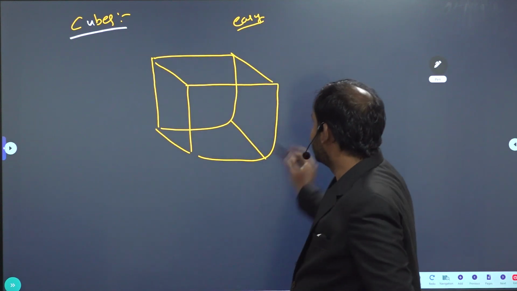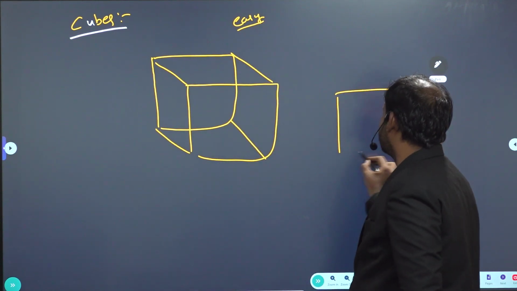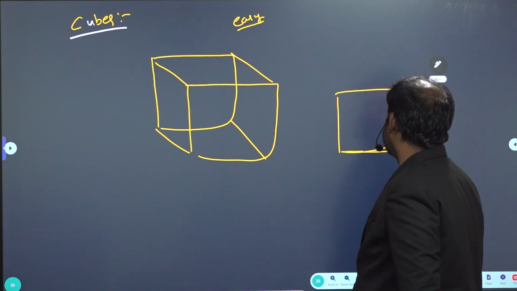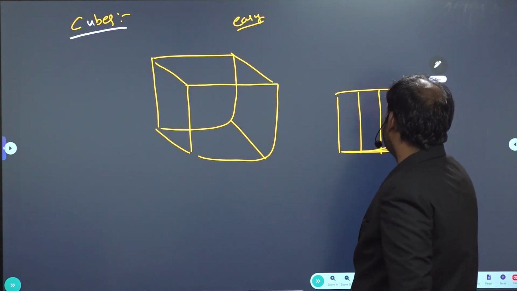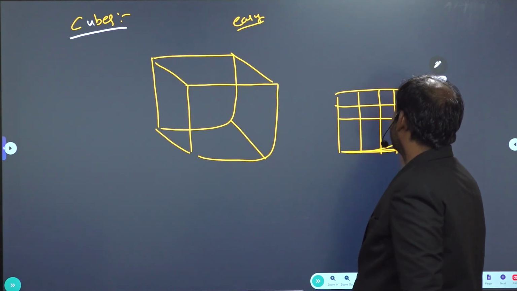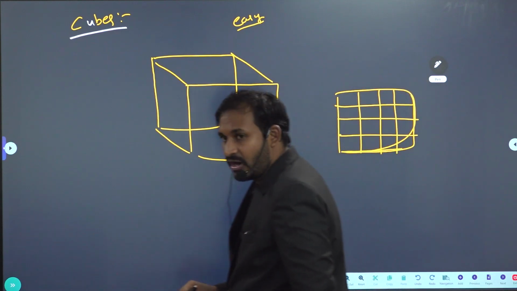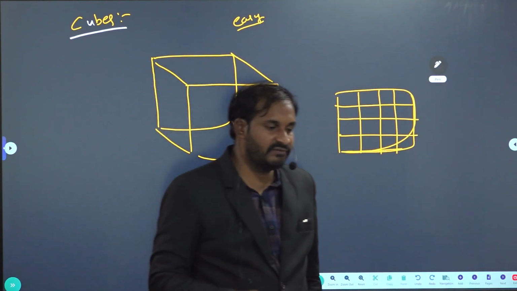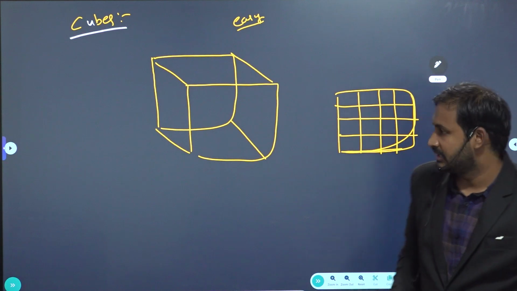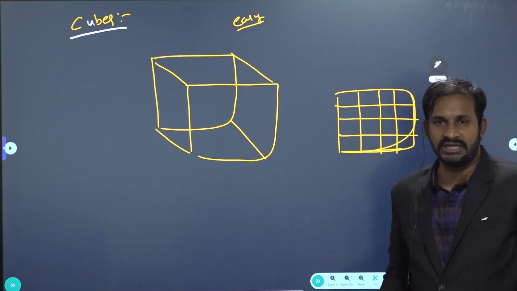Now, if one face is divided equally, that means 4 by 4, then that question is easy. If not 4 by 4, if they use the words cuts, 2 vertical cuts and 2 horizontal cuts.